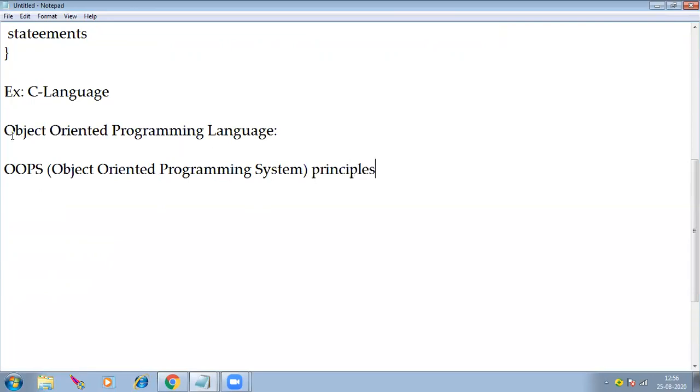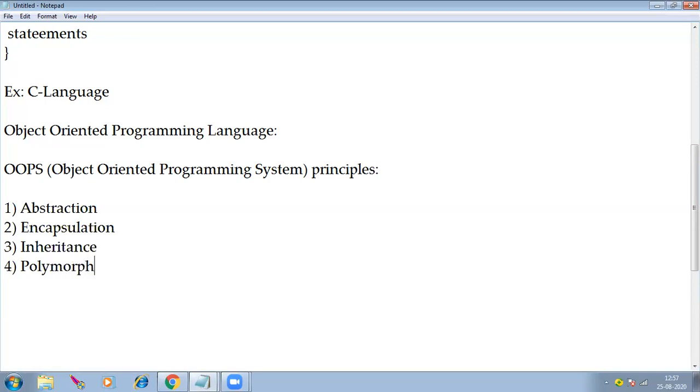See, any programming language which satisfies or follows the OOPS principles. OOPS means object oriented programming system. So what are the principles here? We have four principles. One is abstraction, the second one is encapsulation, third one is inheritance, and the fourth one is polymorphism.